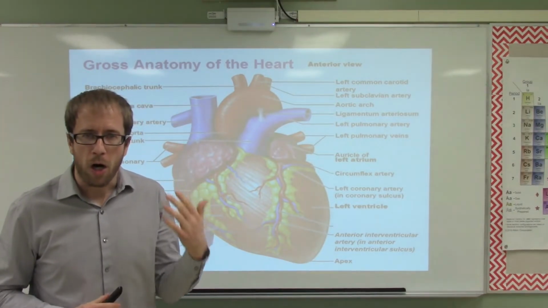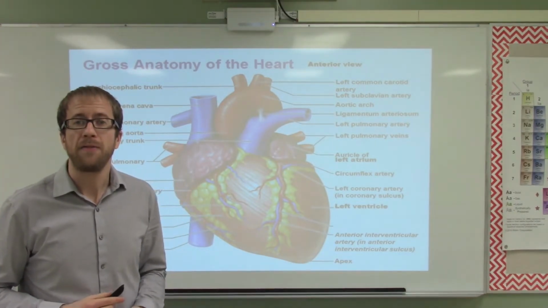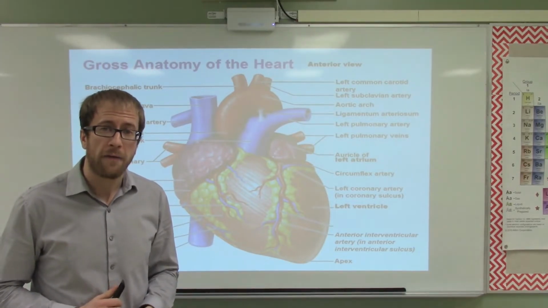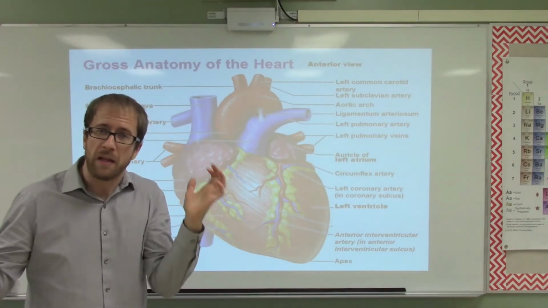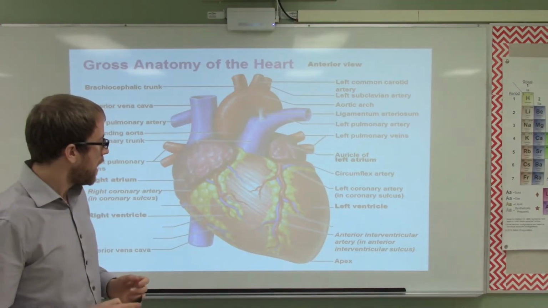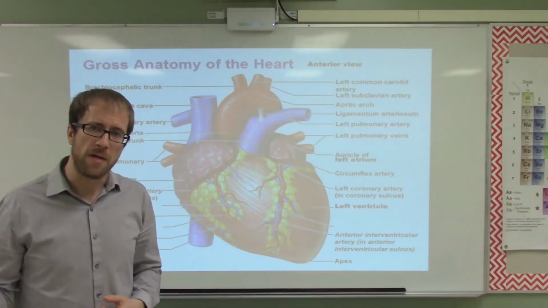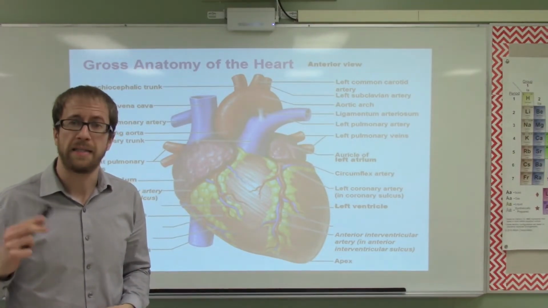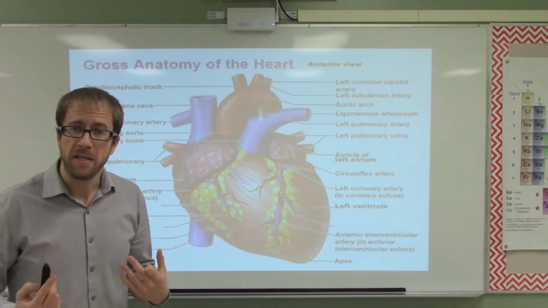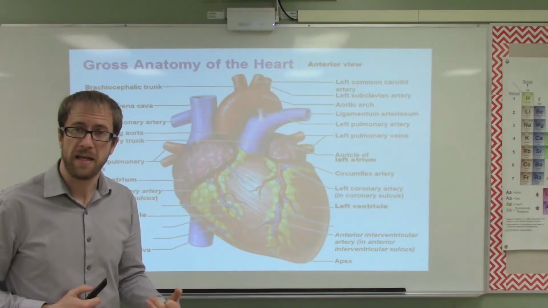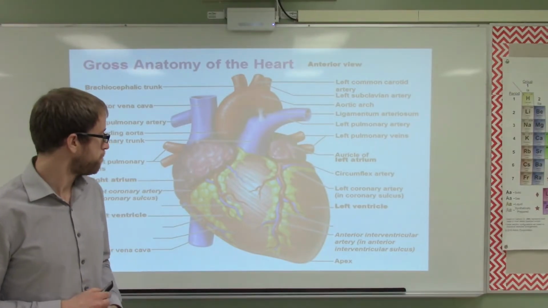You have to know the heart chambers. You have to know the valves of the heart. And you are going to have to understand the septum, the electrical system of the heart, and understand heart disease. In fact, we're going to do an assignment on that. I'm going to be posting that today on heart disease and the importance of having good and healthy arteries that supply blood to your heart.